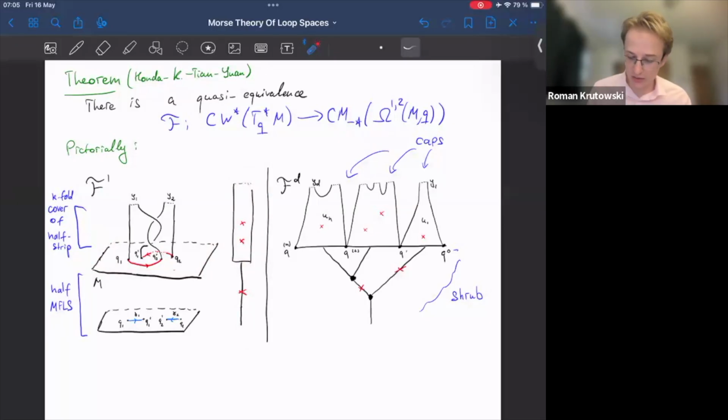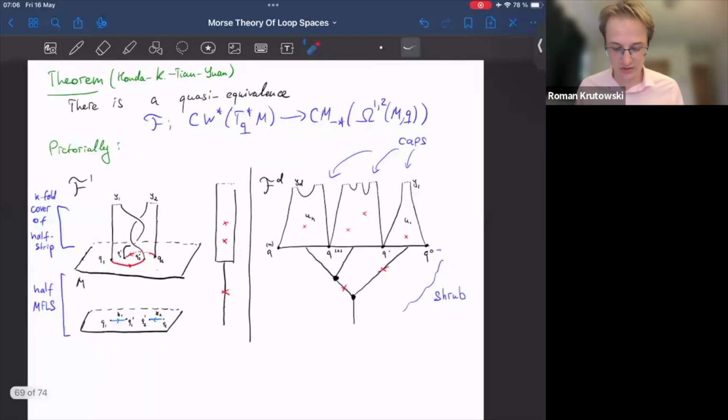And higher infinity operations are given by buildings like this. On top you have a bunch of kappa-fold covers over various disks, so this is a disconnected curve. And on the bottom, you have not a tree, but a shrub, because it is cut in half. And you need to count all of these buildings.